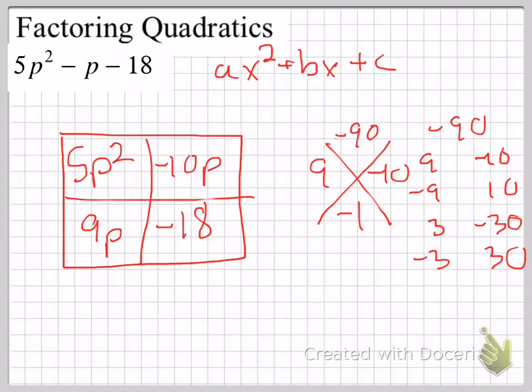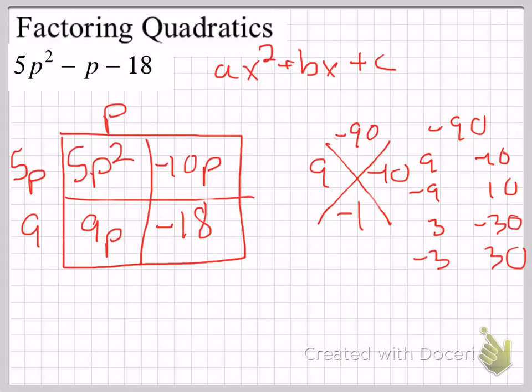5p squared and minus 10p share a greatest common factor of 5p. 9p minus 18 share a greatest common factor of 9. 5p squared and 9p share a greatest common factor of p.